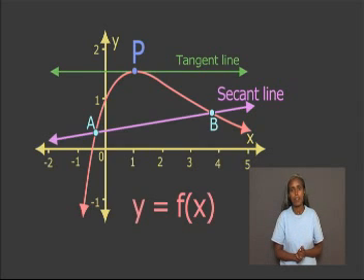The intersection point is called the point of tangency. The slope of the graph of a function at a point P is the slope of the tangent line at point P.